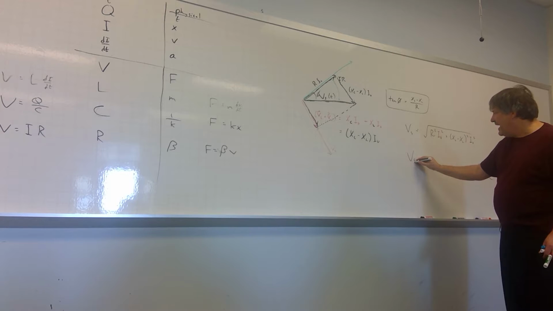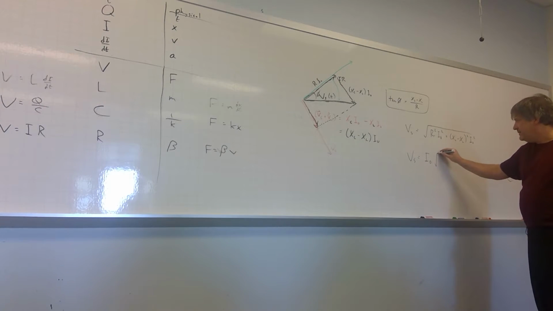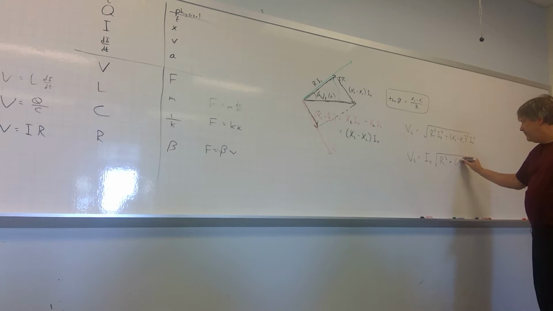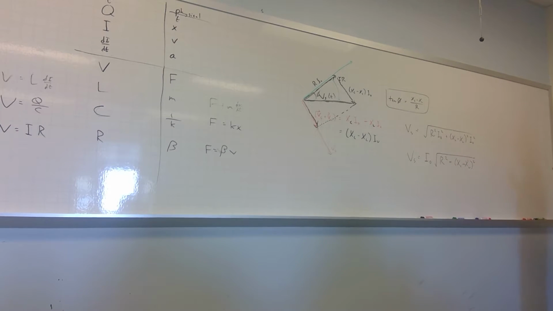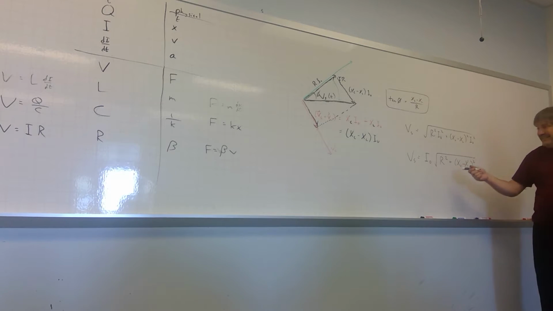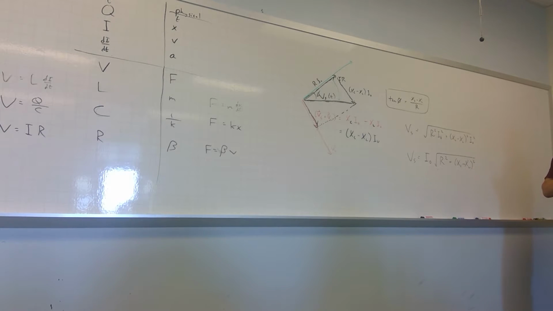Or I can pull out the I naught and say V source is I naught times the square root of R squared plus (XC minus XL) squared. That looks a little bit like Ohm's law, except instead of resistance, I've got this thing that combines both resistance and the total effective canceled impedance of the capacitor and the inductor.